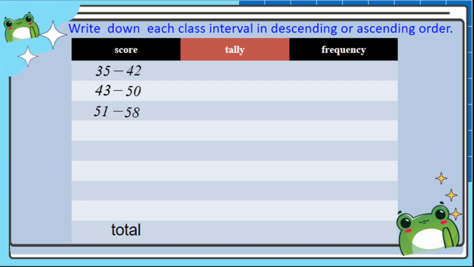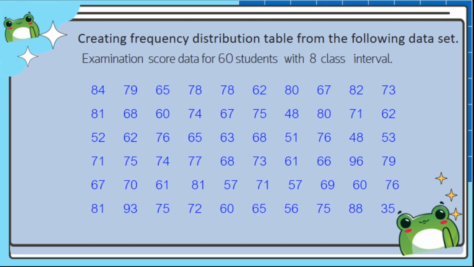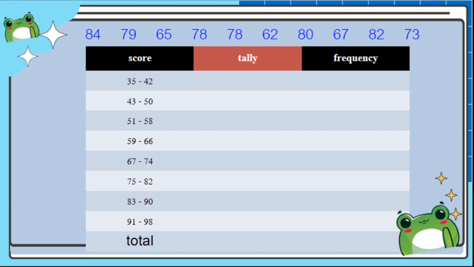Students do like this below and complete the score column by yourself. And next, match all of the scores to the class intervals.